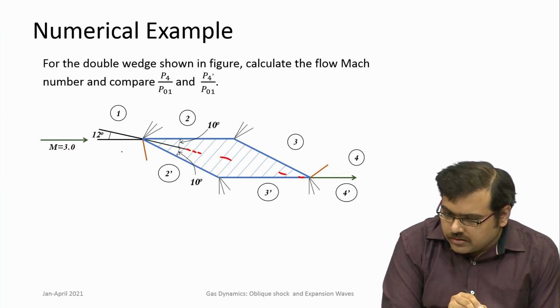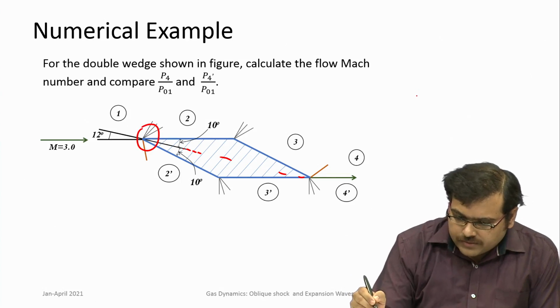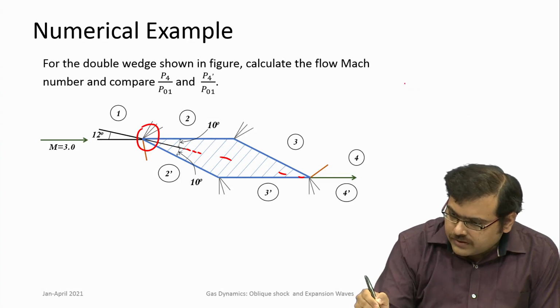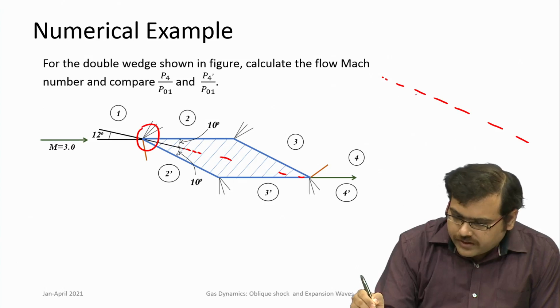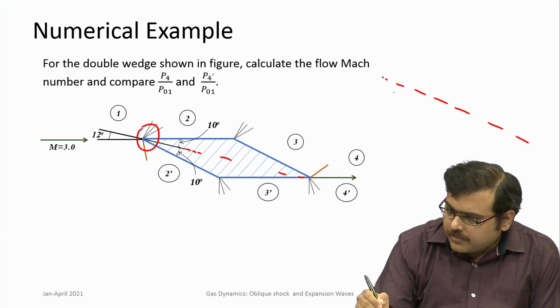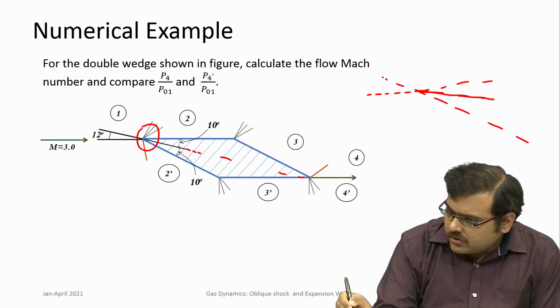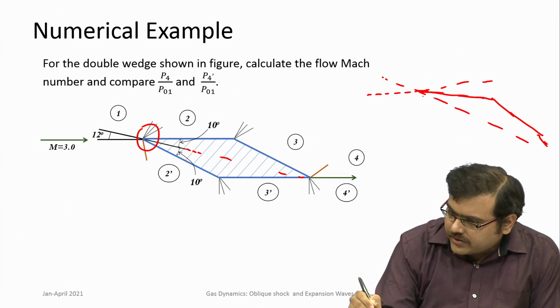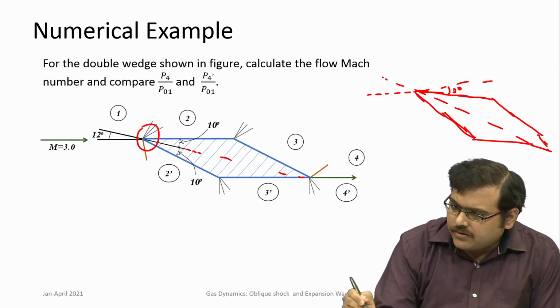So, actually this has to be slightly expanded at this region, because you have a 2 degrees of difference, and that is not very well visible in this schematic. It is very small, but this is slightly exaggerated. So, there is a 2 degree difference here.